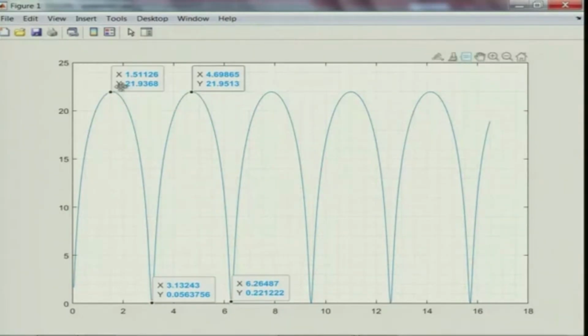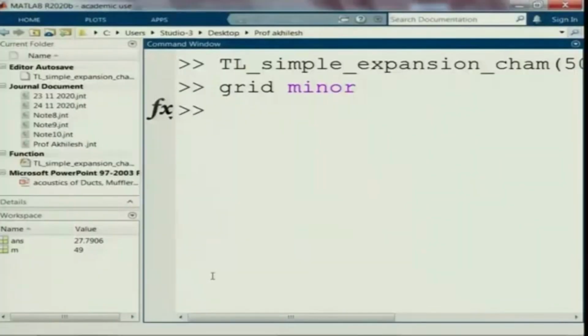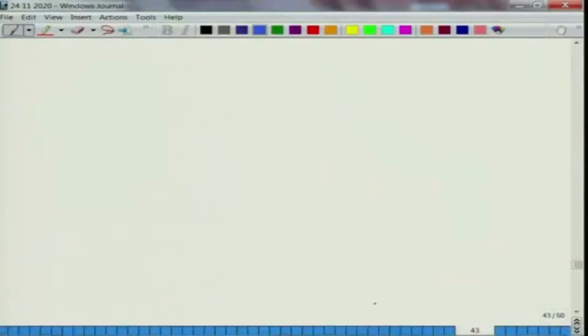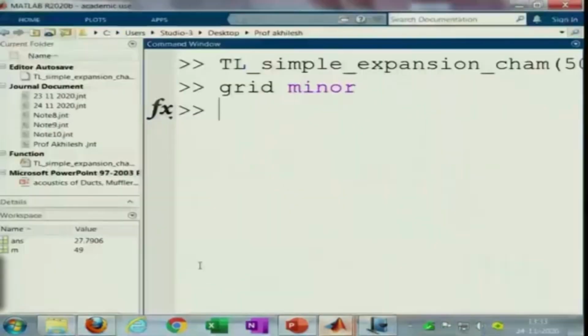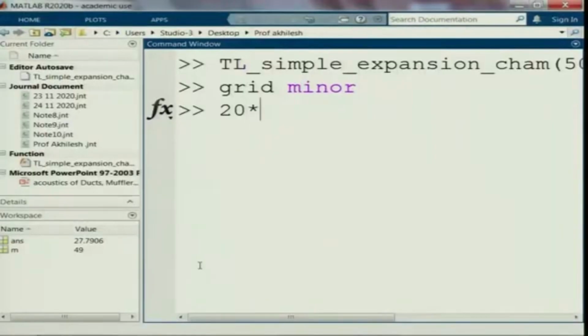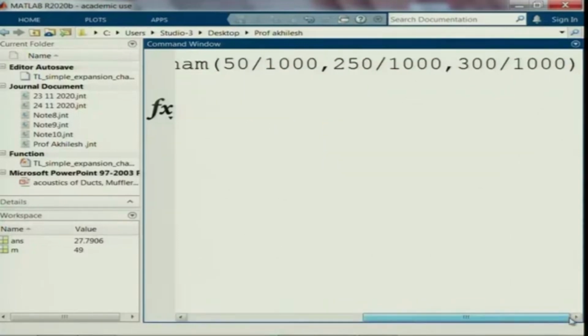And notice the important value, 21.9, the maximum TL. What did we get when I showed you 20 times log m by 2? If you go to MATLAB and type 20 times log 10, and your m was what? m was 5 square, 250 divided by 50.